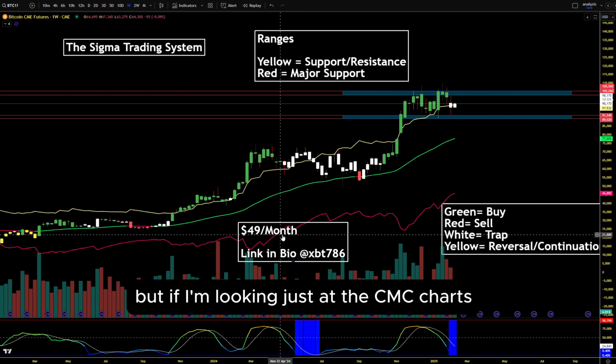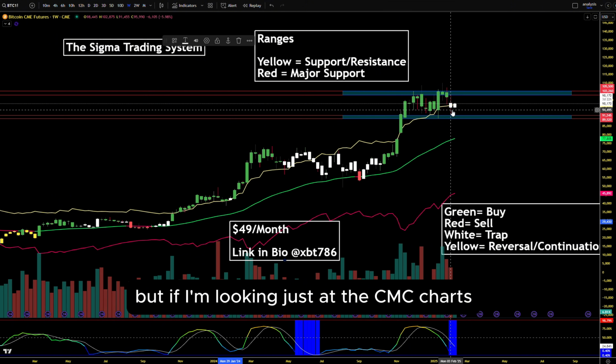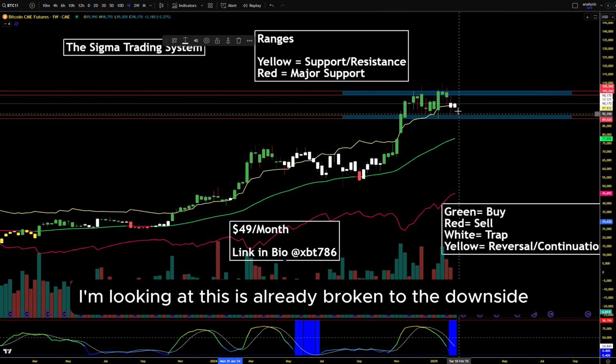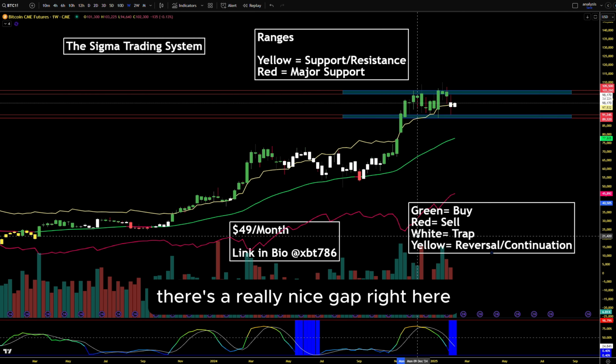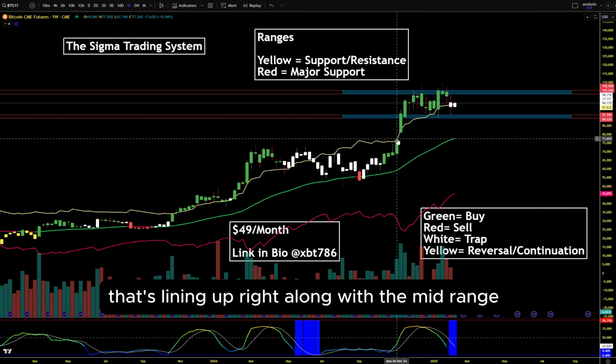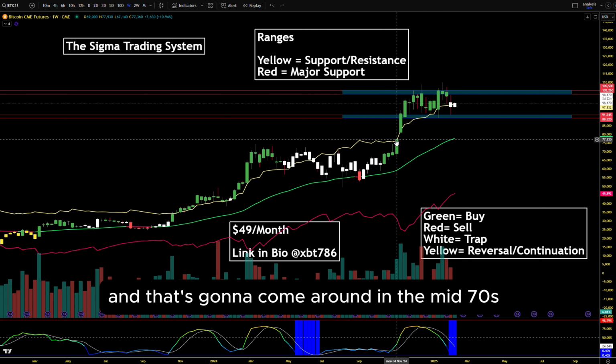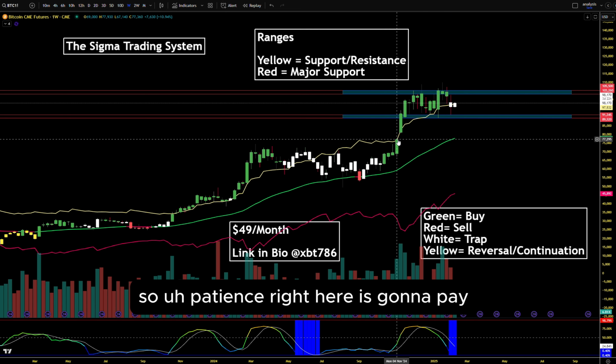But if I'm looking just at the CME charts, this is already broken to the downside. The candles are white, and there's a really nice gap right here that's lining up right along with the mid range, and that's going to come around in the mid 70s. So patience right here is going to pay. It's going to pay a lot.